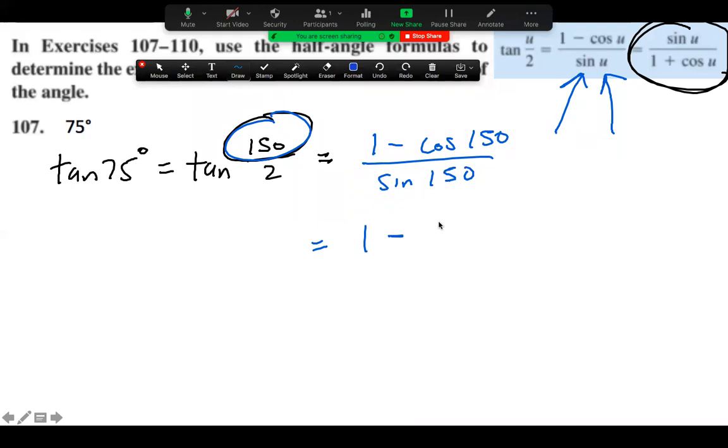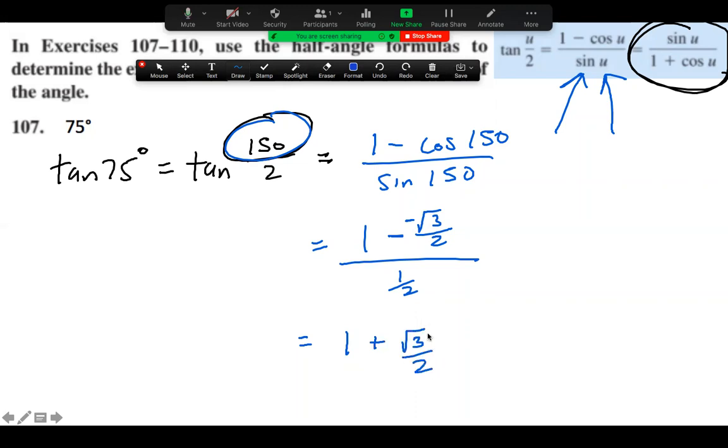Okay, so we have 1 minus the cosine, or x value, at 150, which is negative root 3 over 2, over the sine value, or the y value, at 150, which is 1/2. So there's no radical in the denominator. That's just going to make things better. So now we have 1, a minus a negative is plus, so that's plus root 3 over 2.